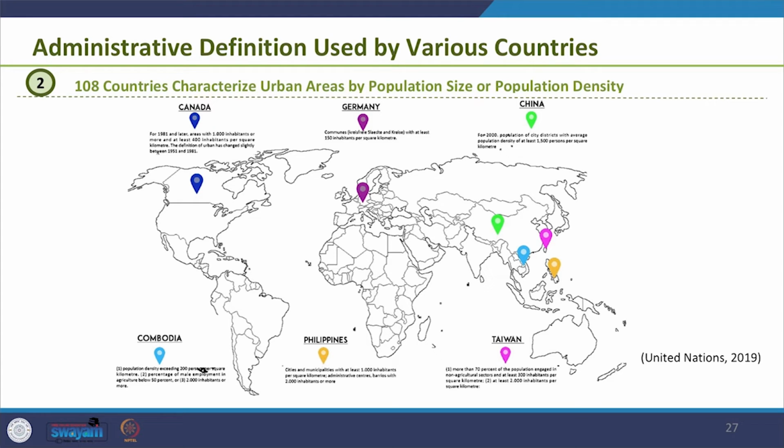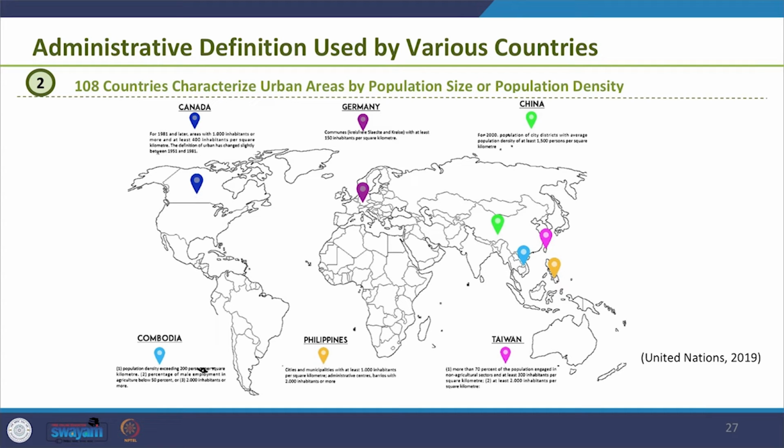If I read out part of the definition here, we see 1,000 inhabitants or more, or at least 400 inhabitants per square kilometer. Those areas are identified as urban areas. So it's, to a certain extent, similar to the Indian context. The cutoff here is 1,000 population, whereas we use 5,000 population. So it all depends on the geographical variation.